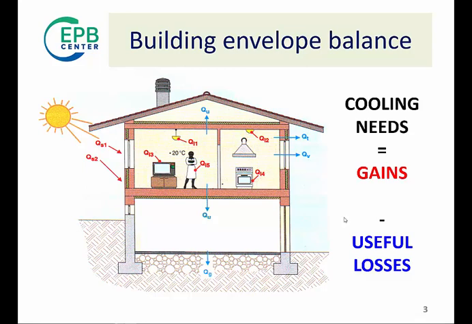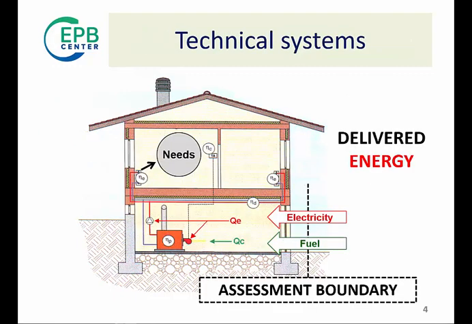There are also other types of needs like domestic hot water needs, ventilation and lighting, which are not directly linked to the envelope but to the activity of the occupants within the building. Energy needs do not involve technical systems. The goal of technical systems is precisely providing the energy need.